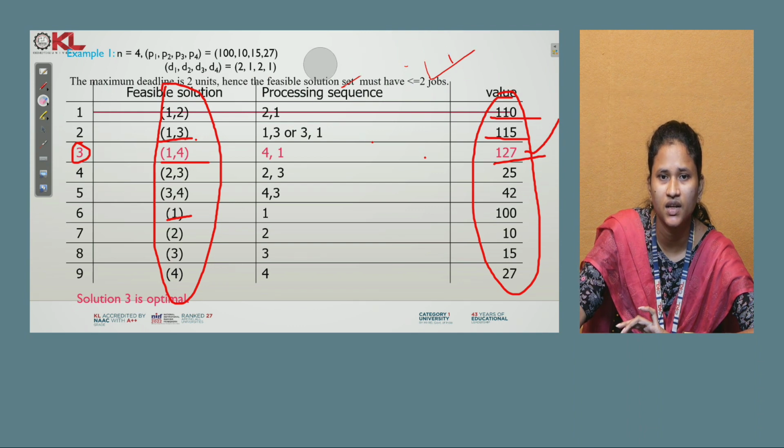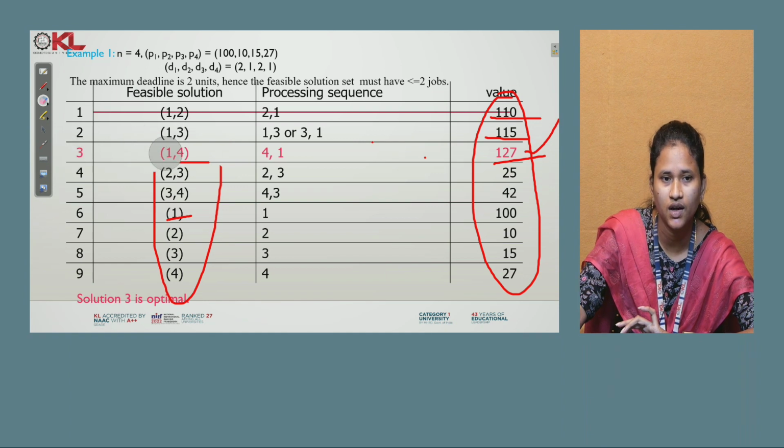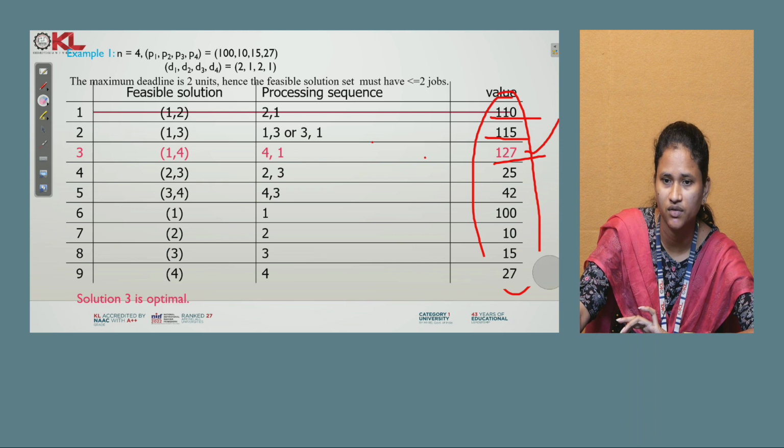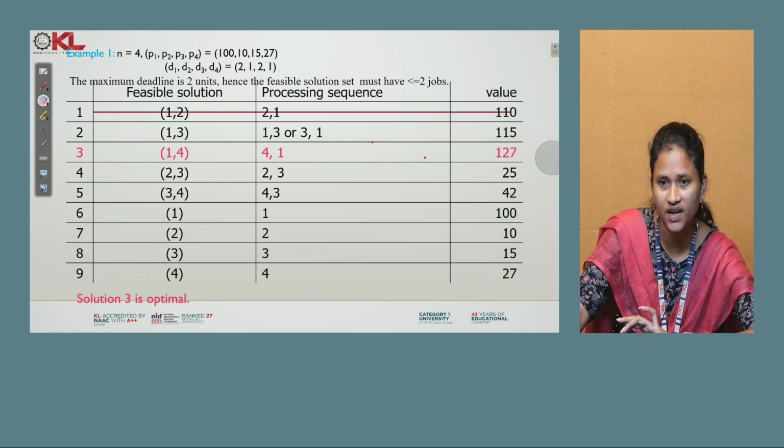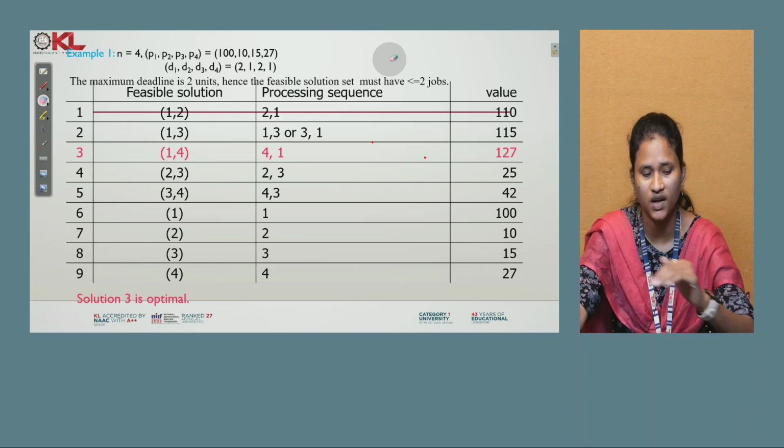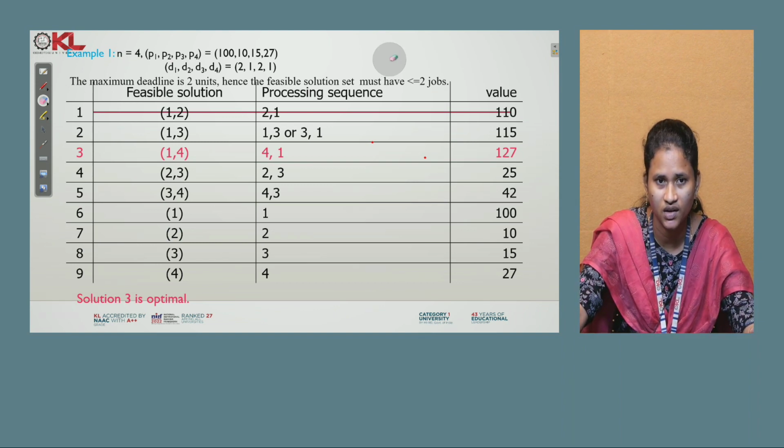Here we have seen 3 steps and 3 types of solutions: the Gantt chart, the tabular method, and the feasible solution, with a problem example. What are the 3 basic steps? First, rearrange the data based upon the profit value, with the highest profit job first, in decreasing order of profit value.